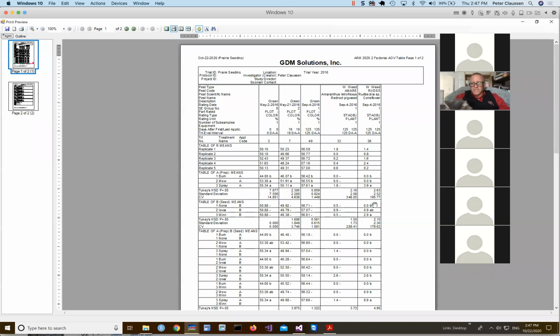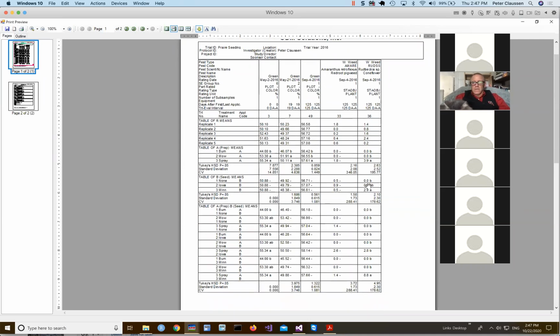So when we make this comparison here, we are using a different number of replicates and a different error term, and so we have a different HSD printed on this screen that we need to get over. Remember, these means are averaged out over all of the combinations of preparation.